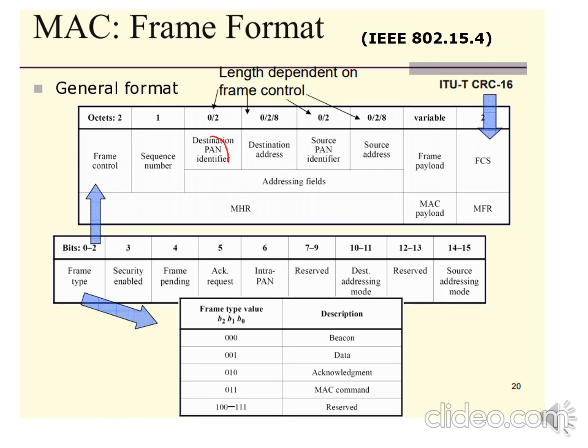This is the network ID and destination address. This is the source network ID, and this is the source address. Frame payload, this is the actual data, and frame checksum.